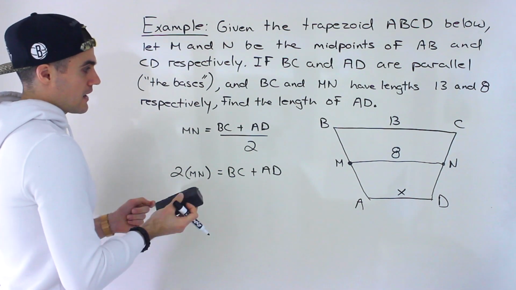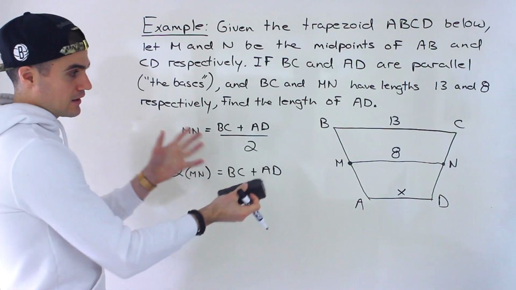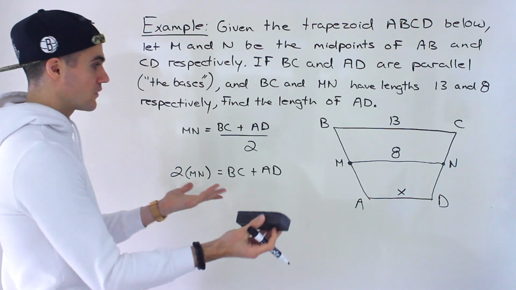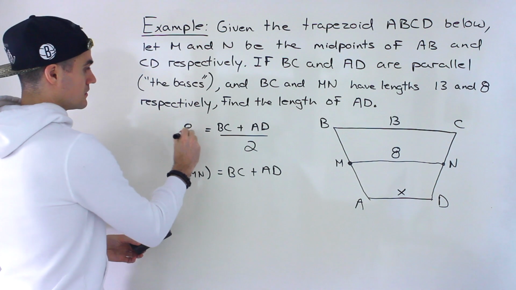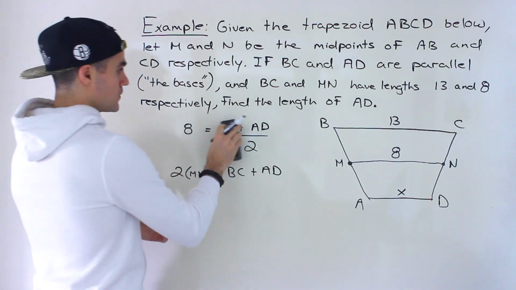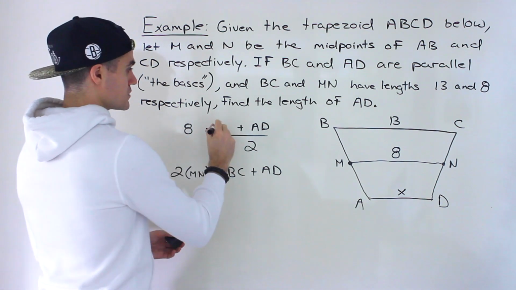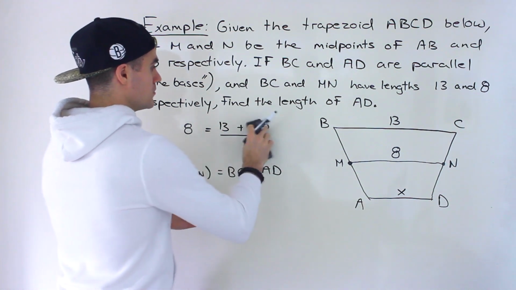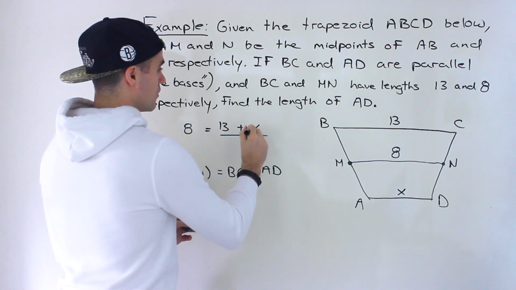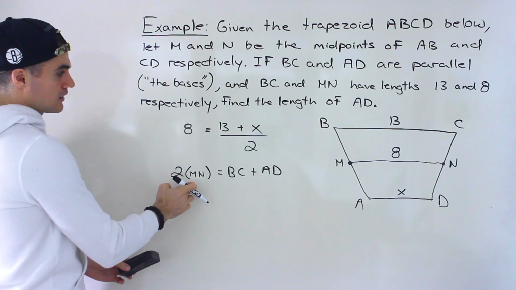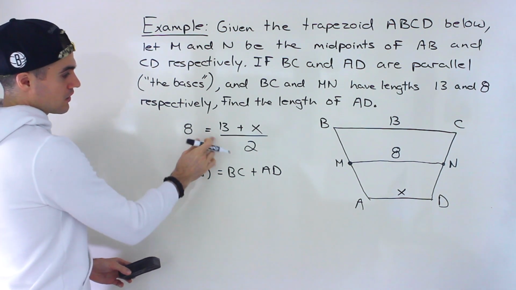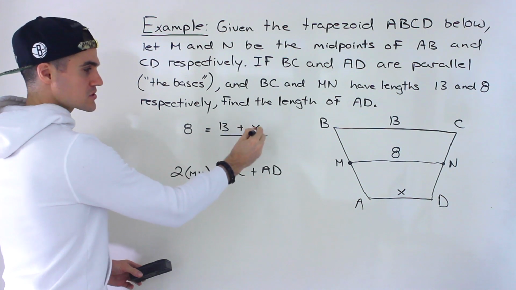So what we can do now is plug in everything and then solve for that X. For MN, we can plug in 8. For BC, we know that is going to be 13. And then we're solving for that X value right there. Or you could also plug it in here. You're going to get here from here anyway, because the variable we're solving for is here.